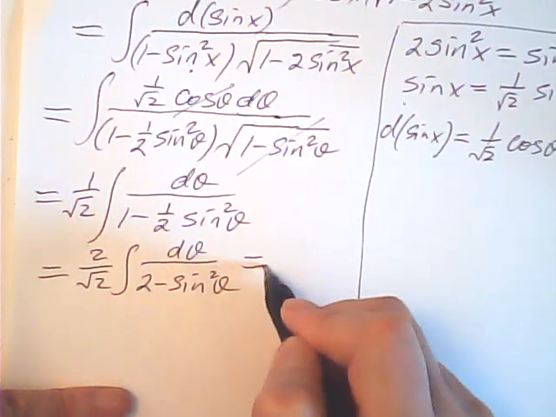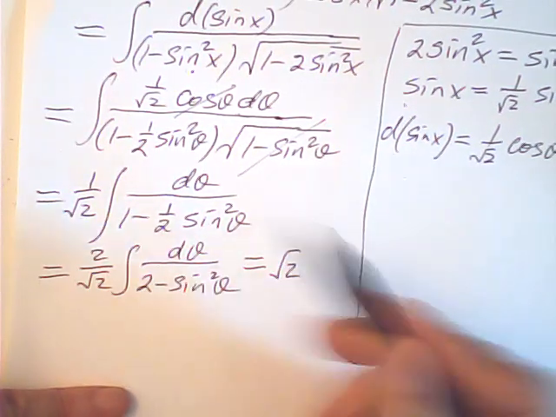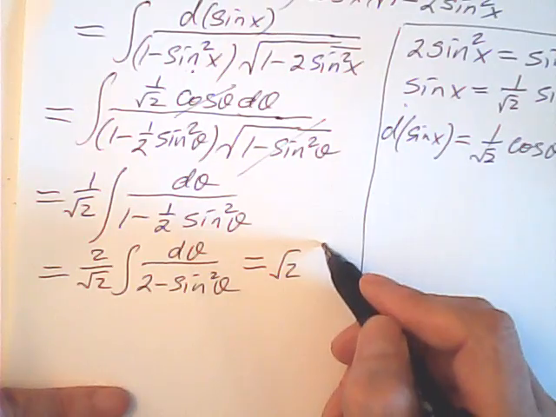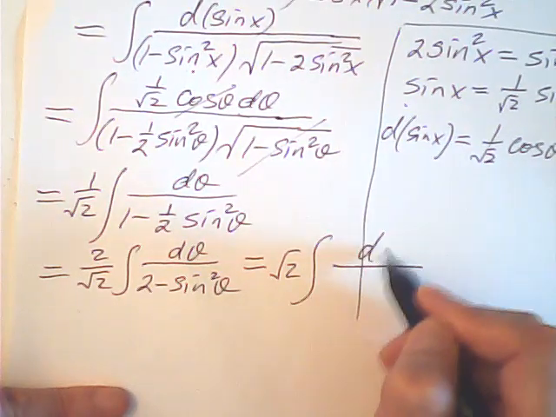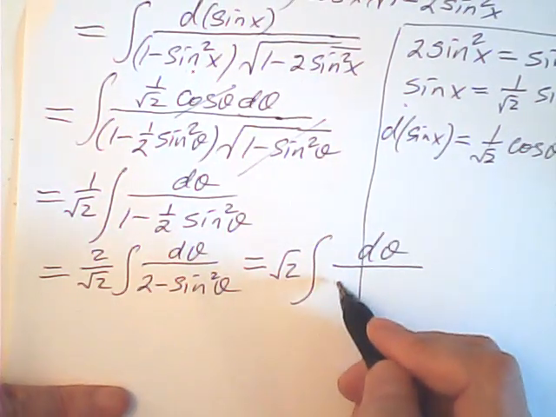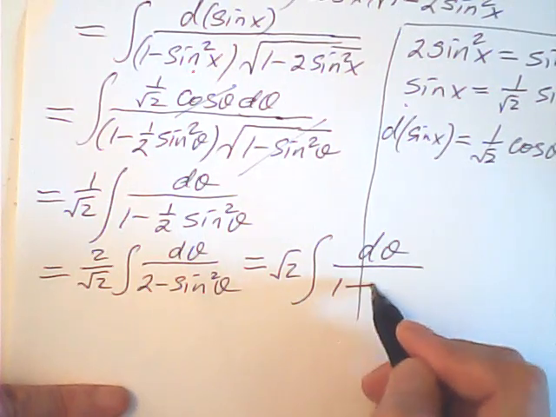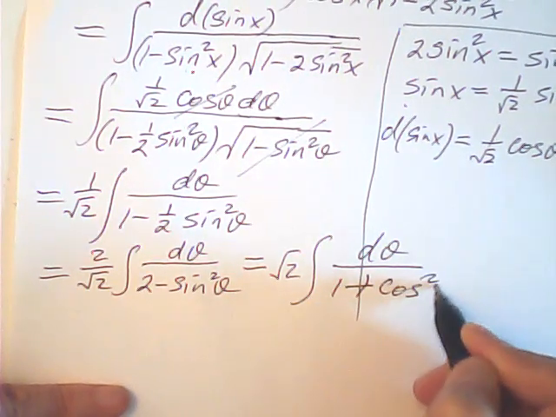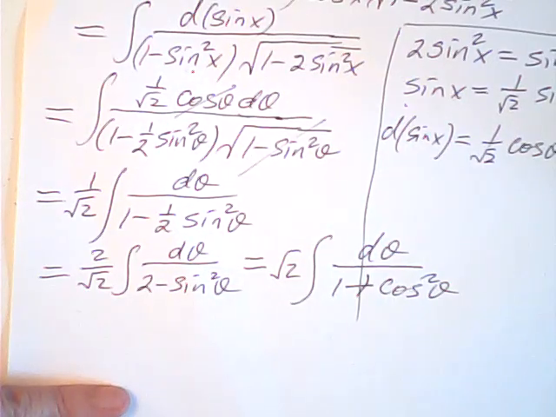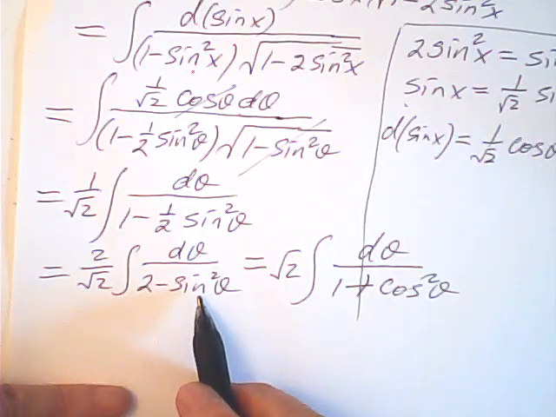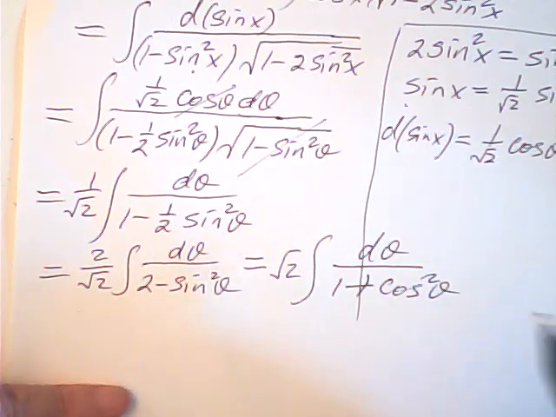Here it becomes root 2. This is root 2 integral d theta over 1 plus cosine square theta. Yeah, that's correct, isn't it?